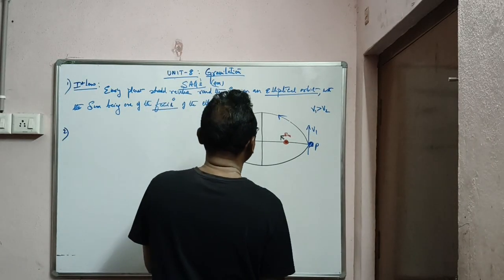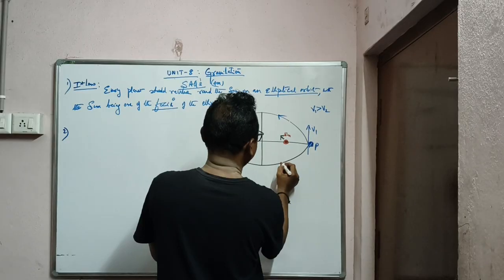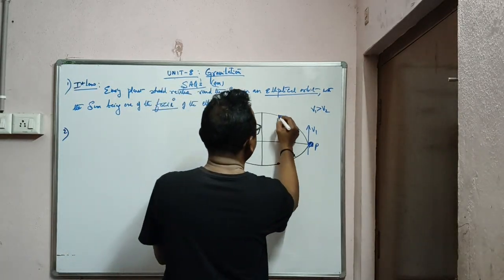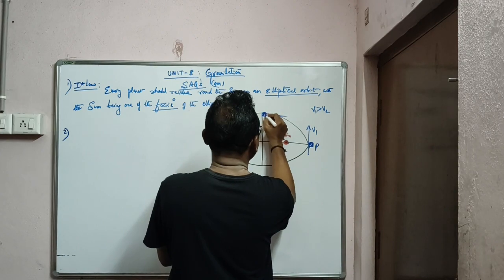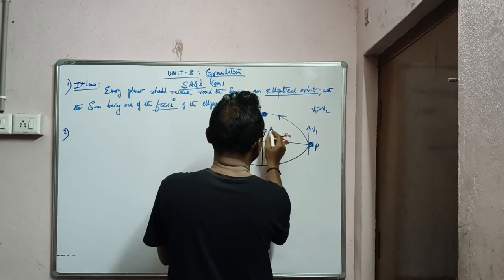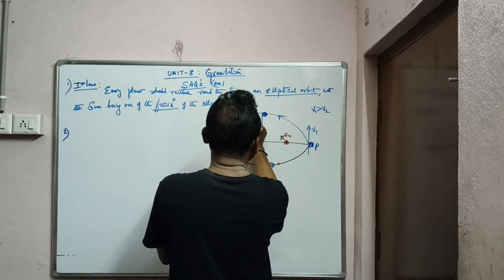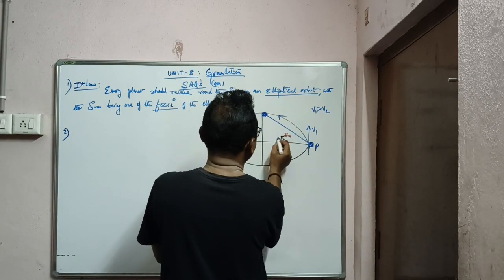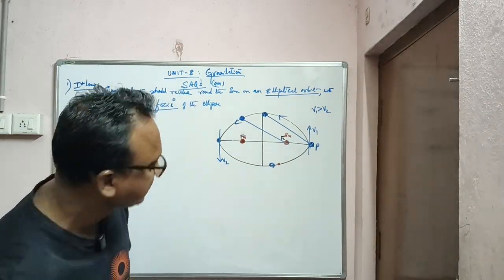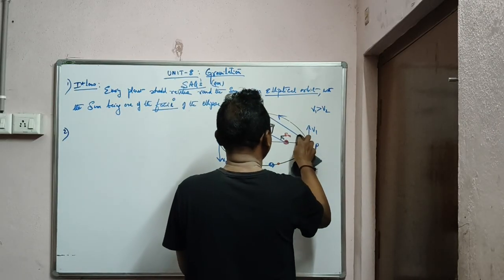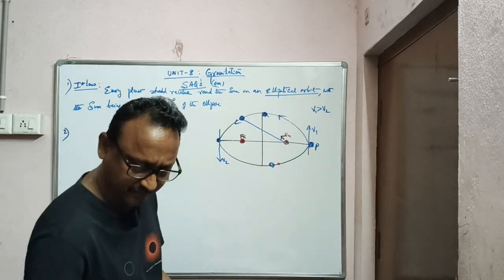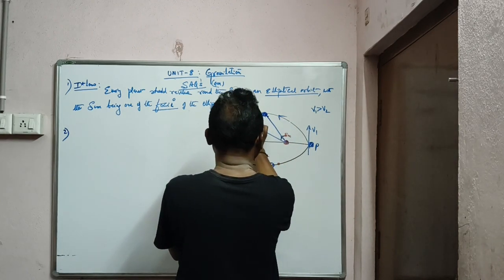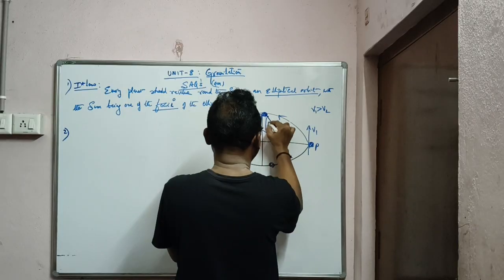I will show the second statement here with a figure. The planet has gone from here to here during a time interval. So the line joining between the sun and the planet, the planet has gone here. So this is the swept area.